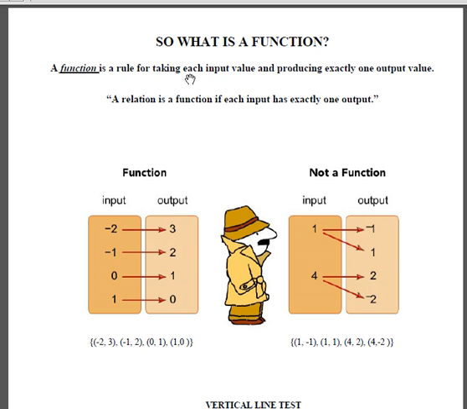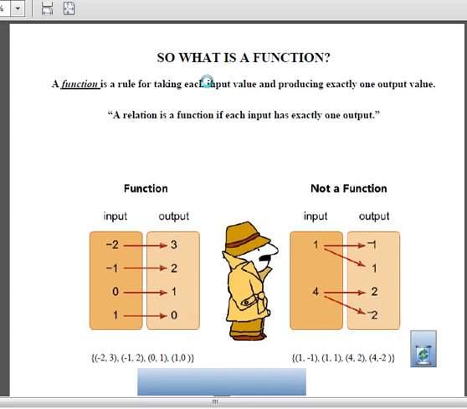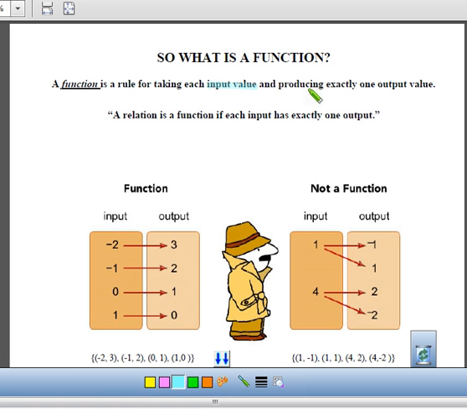A function is a rule for taking each input value and producing exactly one output value. So that's why this works. A relation is a function if each input has exactly one output. So if you look down below, we have an example, and this is one we've already done. So each input only goes to one number.